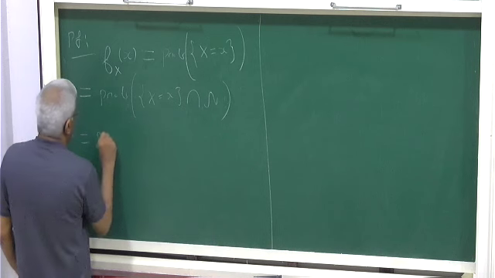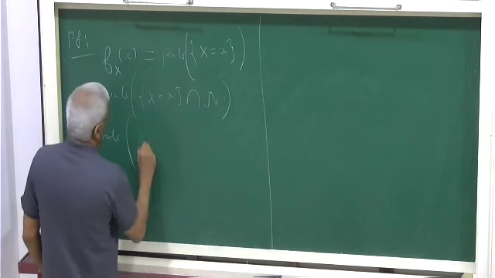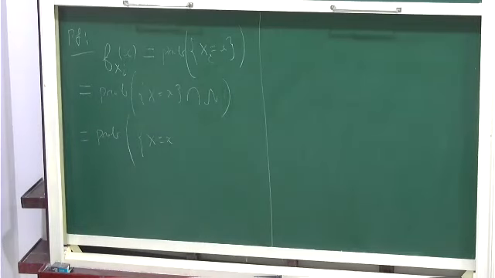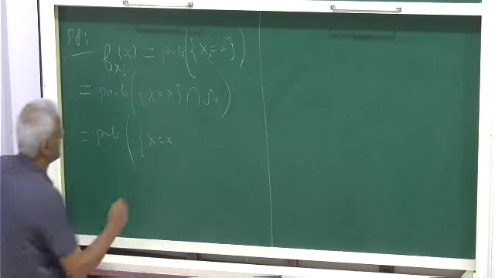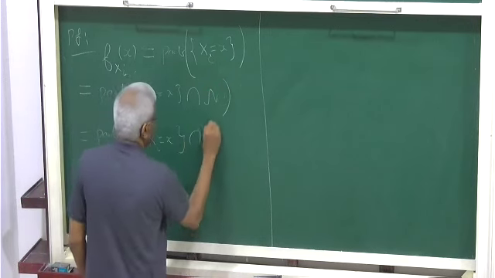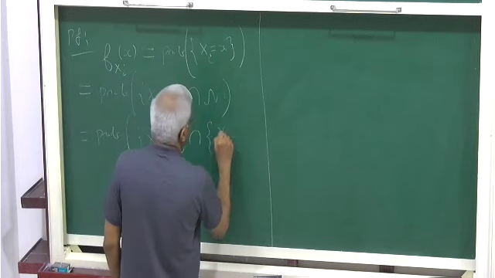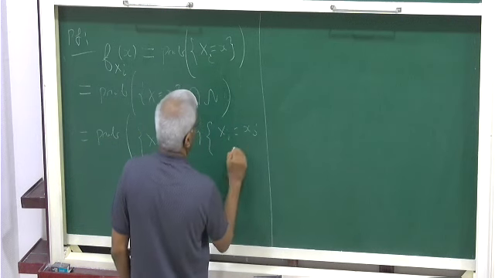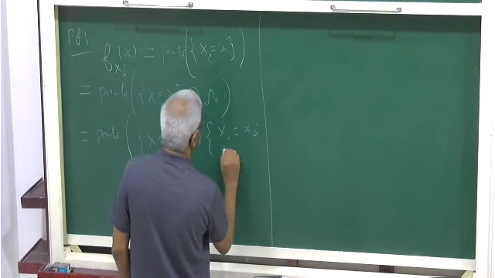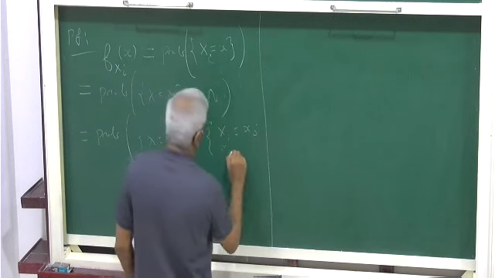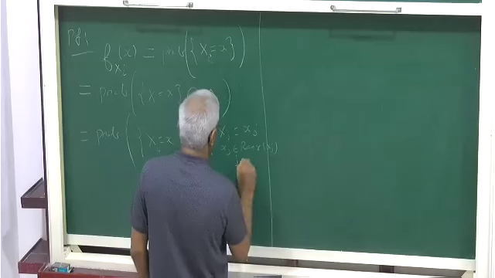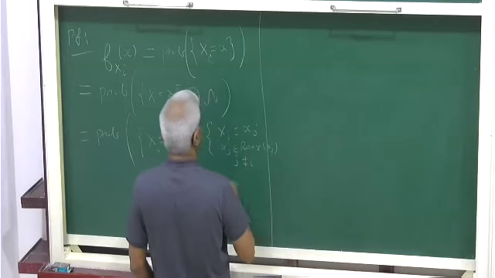Okay. So this is equal to the probability of X_i equal to x, not X equal to x, so X_i equal to x, intersection X_j equal to small x_j, where x_j varies over the range of X_j, and j not equal to i.